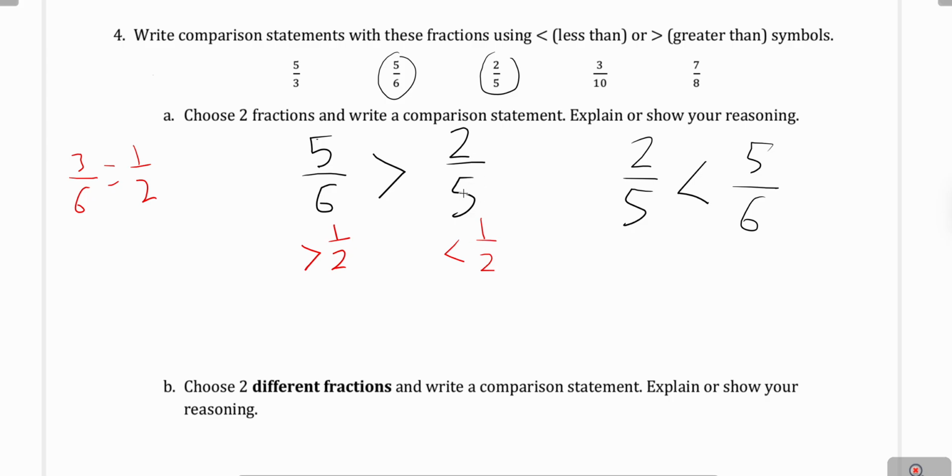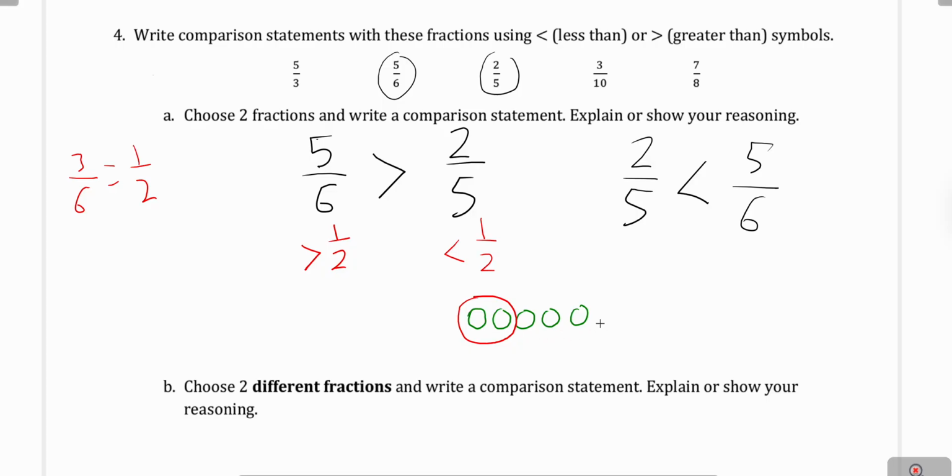Okay, so I hope that you understand why 2/5 is less than half. Because let's say that you have 5 tens. Okay, let's draw 5 circles here. 1, 2, 3, 4, 5. If I only select 2 out of the 5 circles, do I have more than half or less than half?